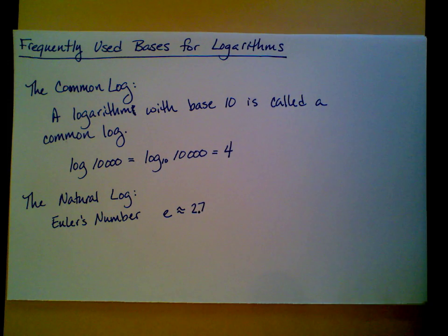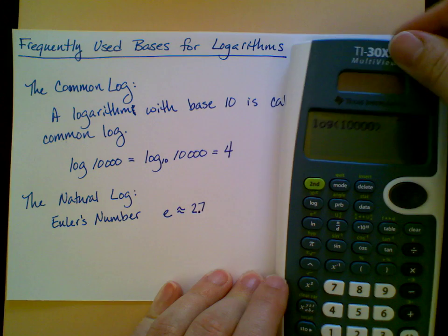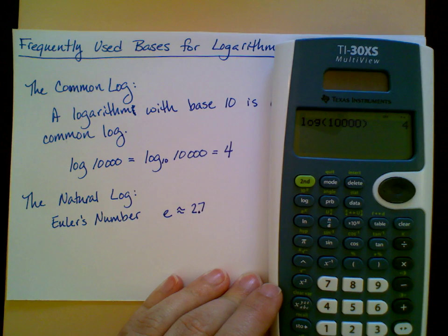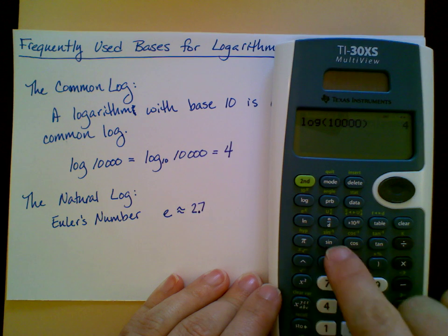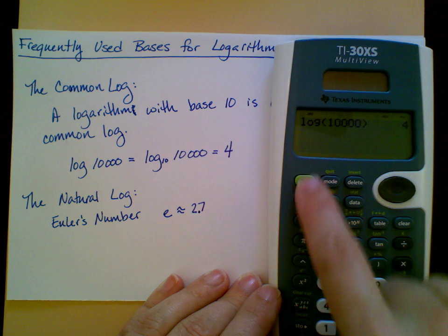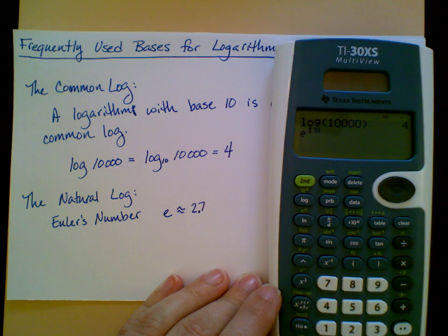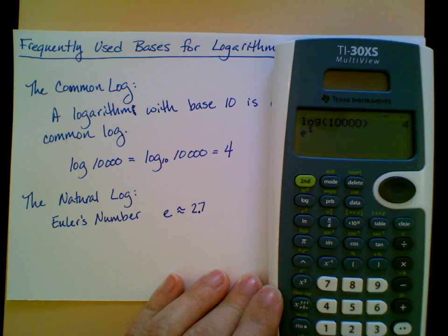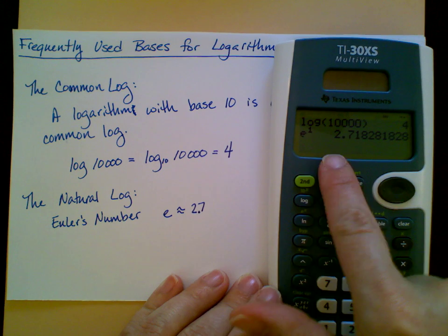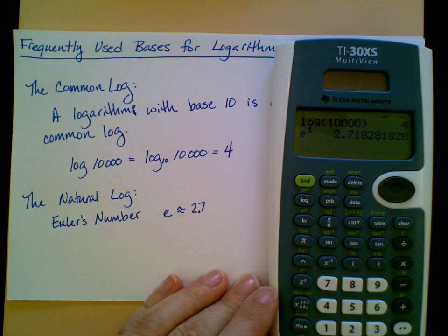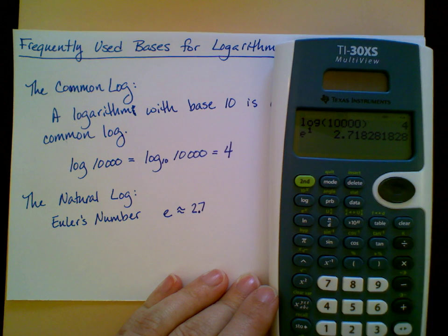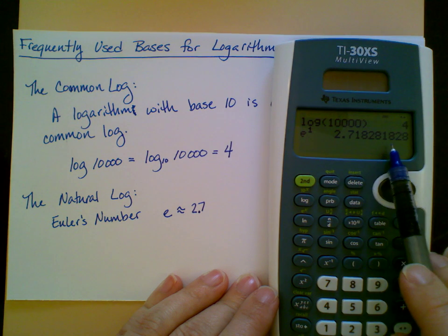Now, any decent scientific calculator will have either an e button or an e to the x button. This one has e to the x. So if you forget what e is, you can type in e to the 1 and it will tell you it is actually 2.71828. It's kind of nice, it repeats here once, 1828, 1828.